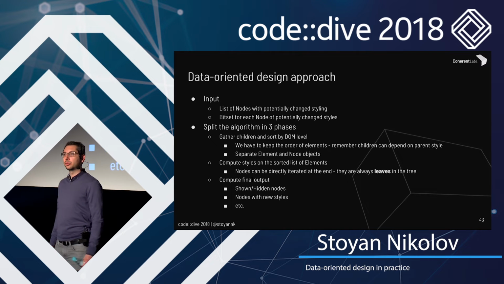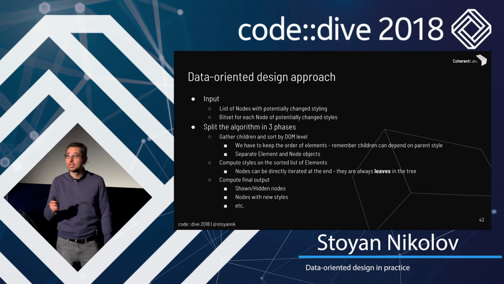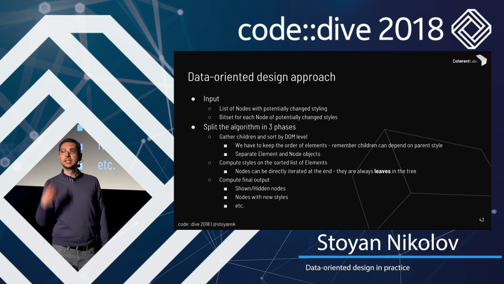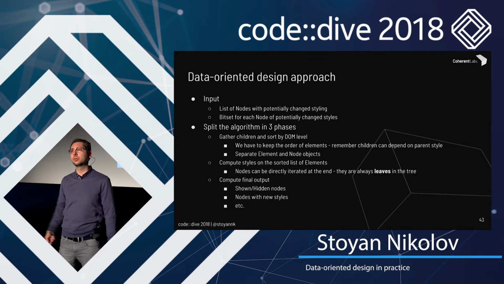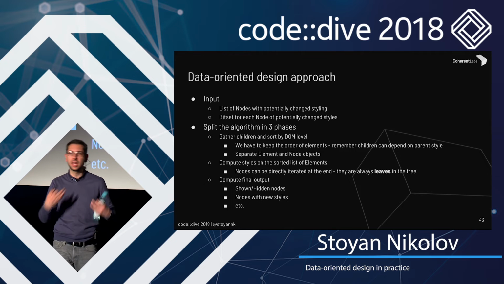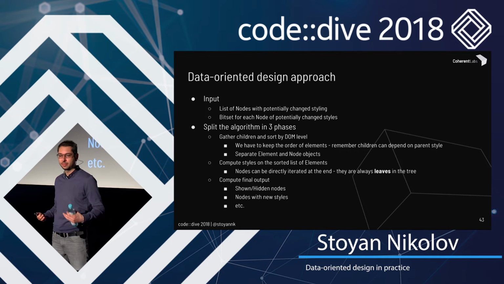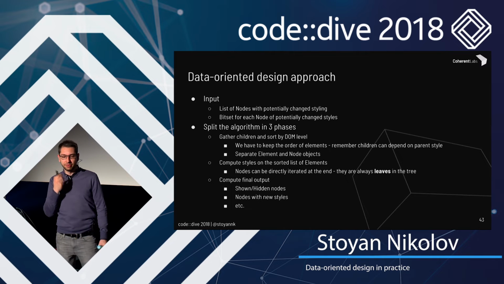So let's try the data-oriented design approach. We have different types of input now. We have the list from our animation system, let's say, or from other systems, of the nodes that we know might have changed. Something might have changed there, so we have to recalculate their styles. We can split the algorithm in 3 phases.